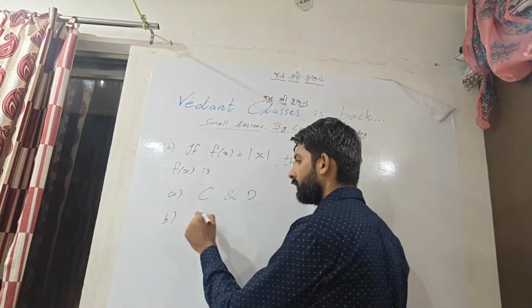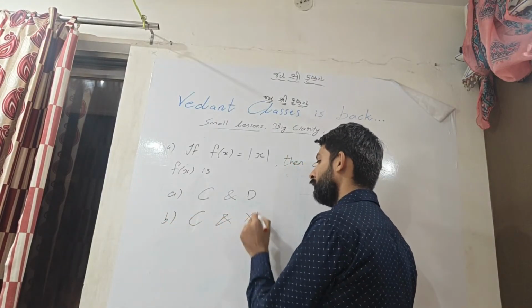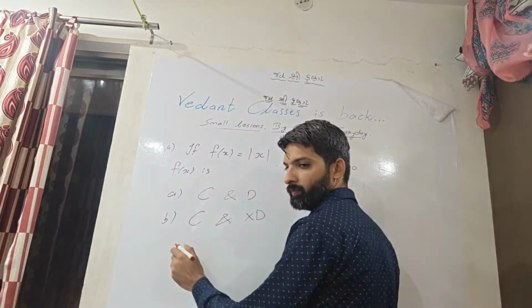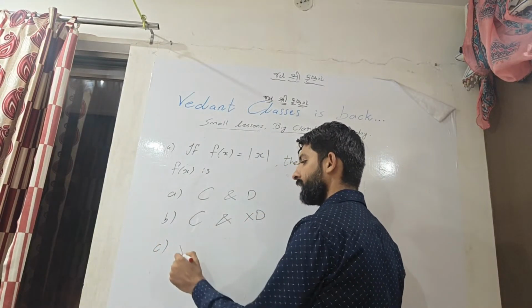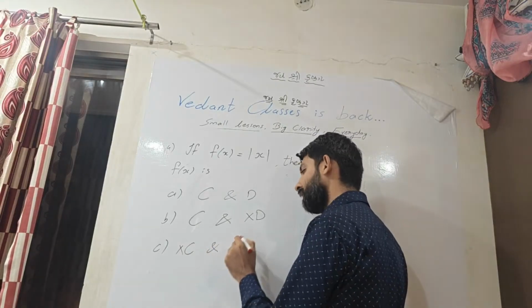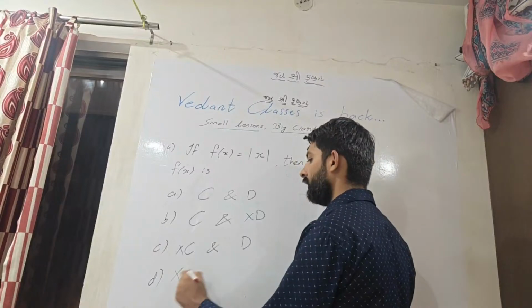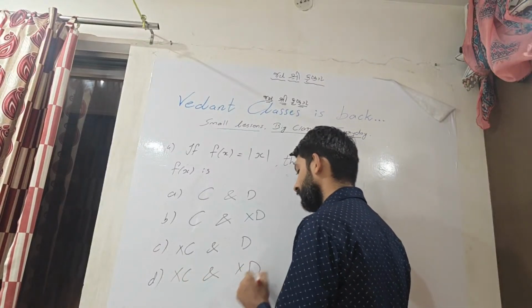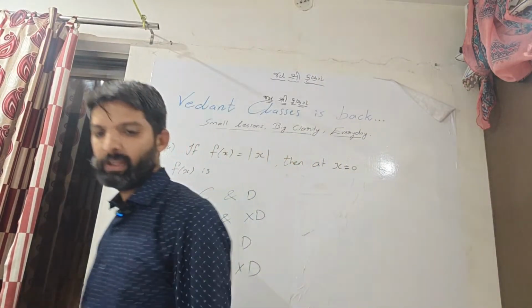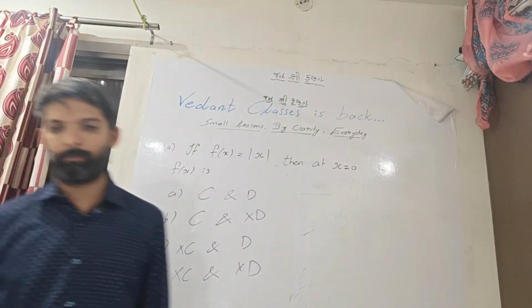Option B, continuous and not differentiable. Option C, discontinuous and differentiable. And option D, not continuous and not differentiable. At x equal to 0, tell me.